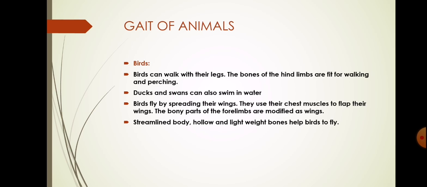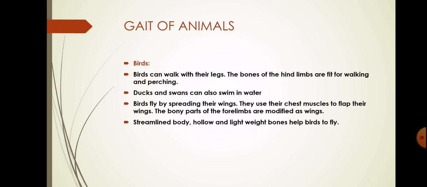If we talk about the birds, they can walk with their legs. That means these legs are nothing but their hind limbs. They are strong enough so that birds can walk with those legs, and birds can perch, or a few praying birds like eagles are able to hold their prey with the legs.